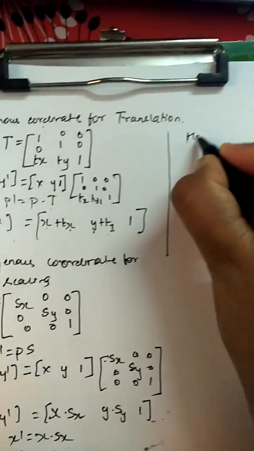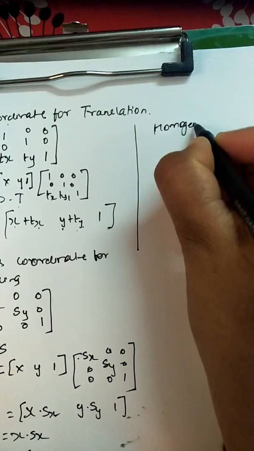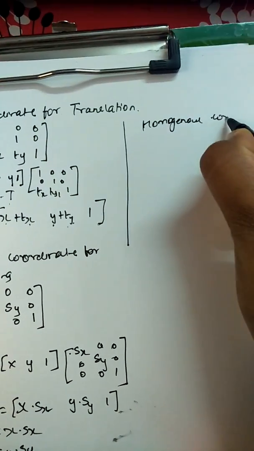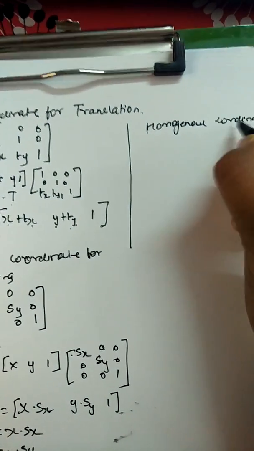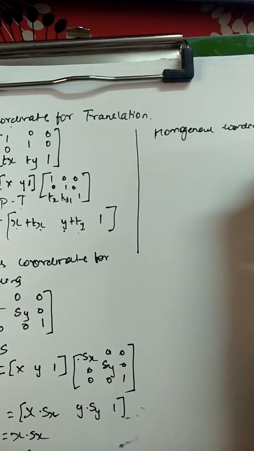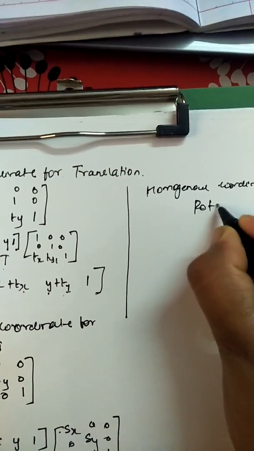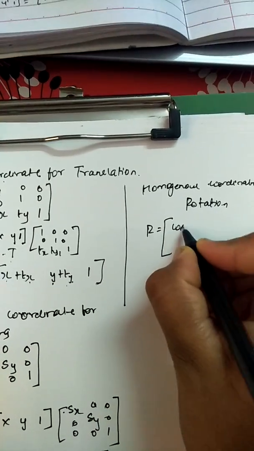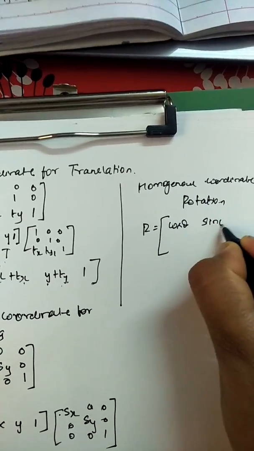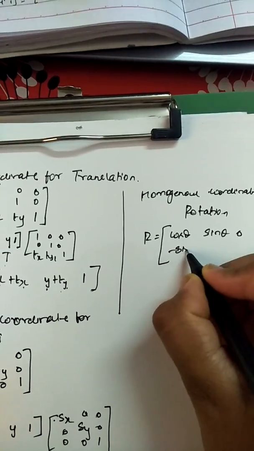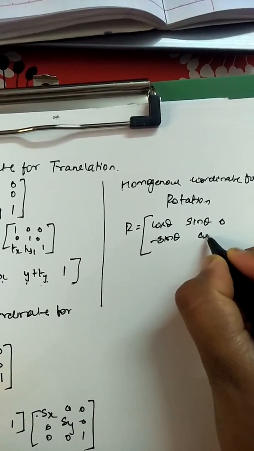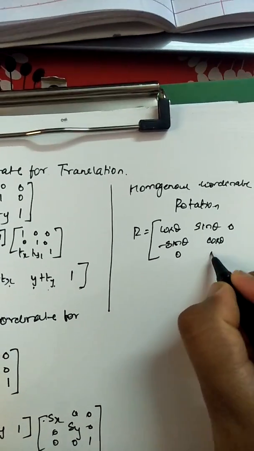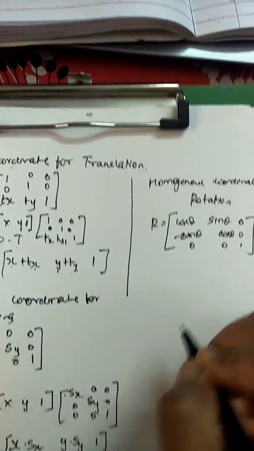So homogeneous coordinates for rotation, for that the matrix is cos theta, sin theta, 0, minus sin theta, cos theta. The rest we fill like this.